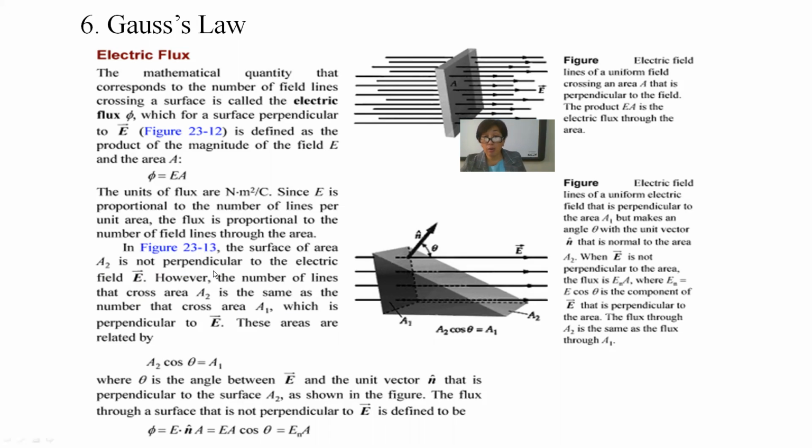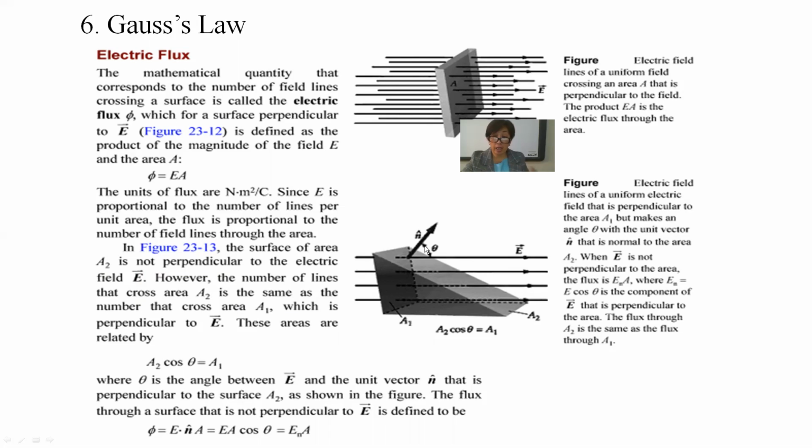The second case: electric field lines in a uniform electric field that are not perpendicular to area A1 but make an angle theta with the unit vector n. When the electric field is not perpendicular to the area, the flux is En multiplied by area, where En equals the electric field multiplied by cosine theta, theta being the angle between the vector n and the electric field.